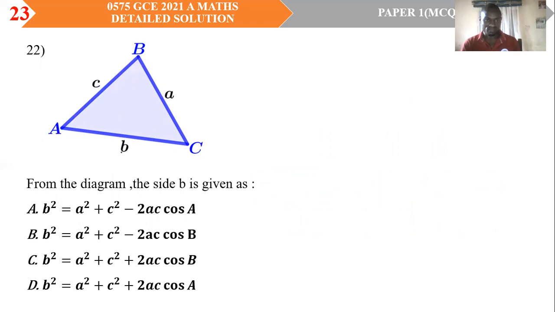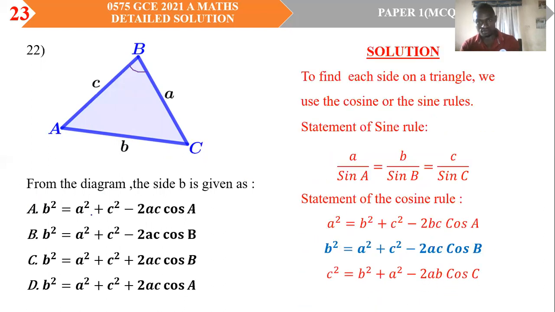And then looking at B, to find B, since we know these 2 sides, we need the angle at B. So we need this angle. Once we get this angle, we use the cosine rule. And looking at the answers, you see that the answers are given in terms of the cosine rule. So you take a look. From each side on the triangle, we use the cosine or the sine rules.